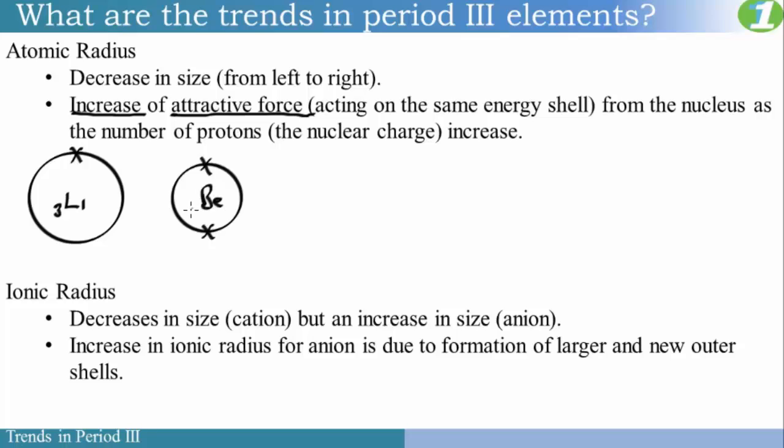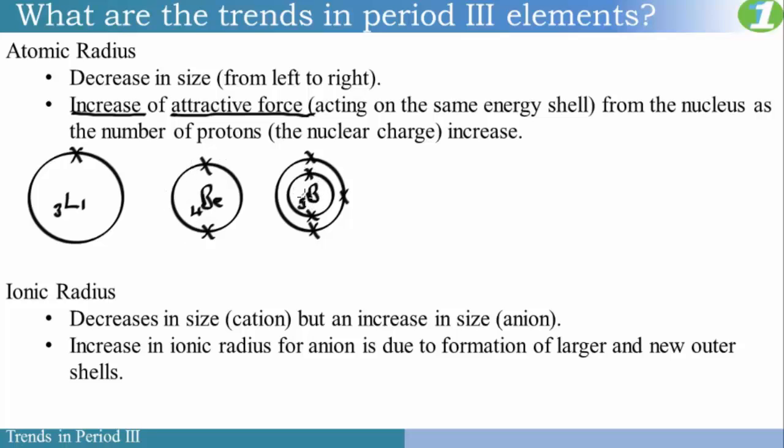And of course, boron should be even smaller because now I have 5 electrons, 2 on the inner shell and 3 on the outer shell. So here I have lithium, and lithium would have 2 on the inner shell, 1 on the outer shell. Beryllium would have 2 on the inner shell and 2 on the valence shell.